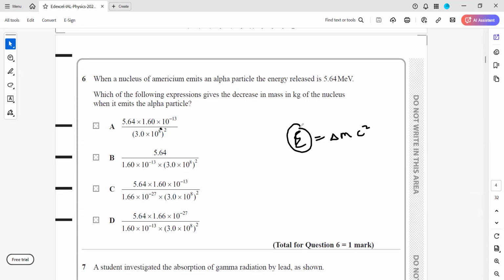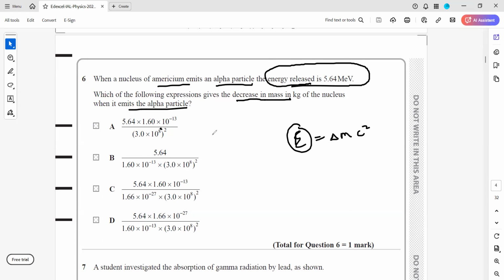So the nucleus of americium emits an alpha particle and the energy released is 5.64 mega electron volt.